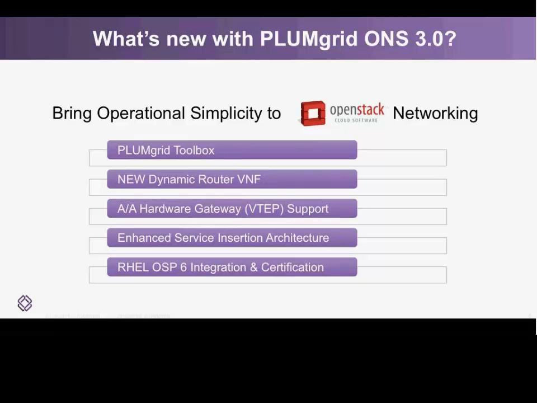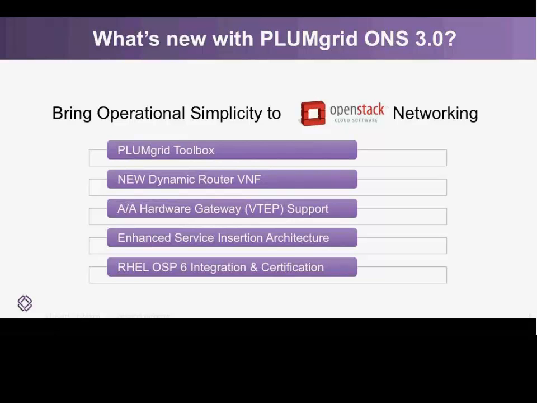We're going to talk more about it, but we're introducing 8 new PLUMgrid Toolbox tools as part of this announcement. Some of those tools were already available in the maintenance releases for the 2.x train, but this comprehensive suite becomes available with the 3.0 release.